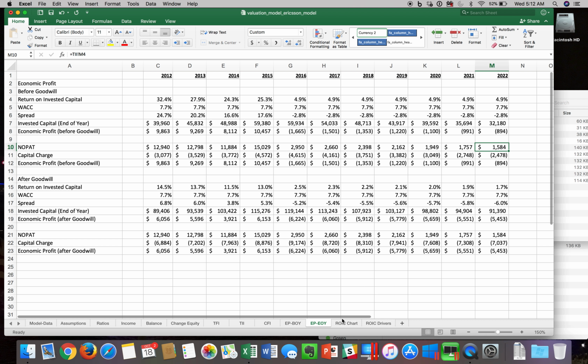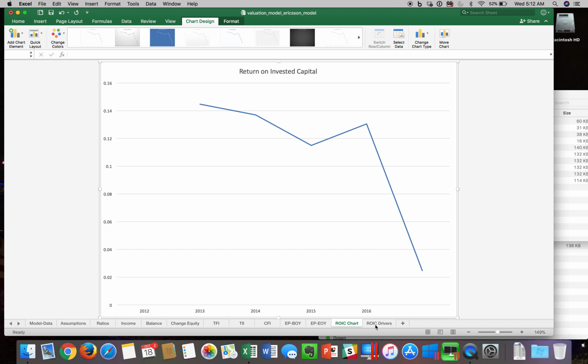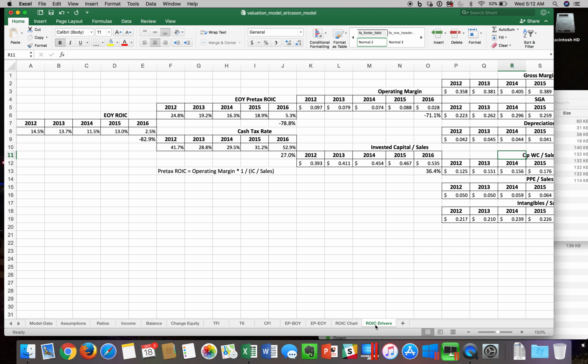And then we also have the historical ROIC graph, and the ROIC drivers tree.